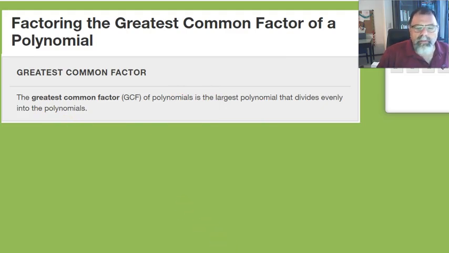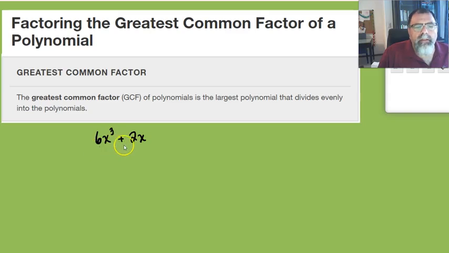Okay, let me give you a real simple example before I put down what the book has. So let's say I had something like 6x to the third plus, let's make it simple, 2x. The greatest common factor that divides evenly into the polynomial, what you're going to look for is a monomial or bigger, but typically start with the monomial.